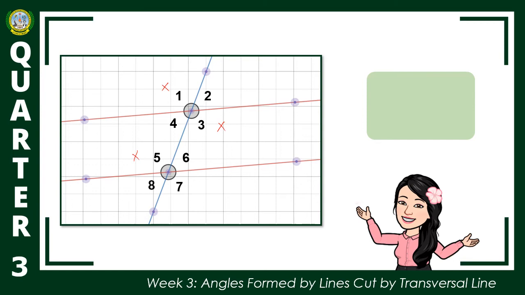Okay? So, again, in this figure, the measure of angle 4 must be equal to the measure of angle 6, while the measure of angle 3 is equal to the measure of angle 5. Okay? So, this is the alternate interior angle theorem.